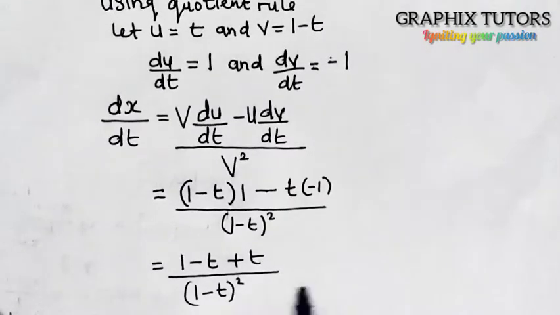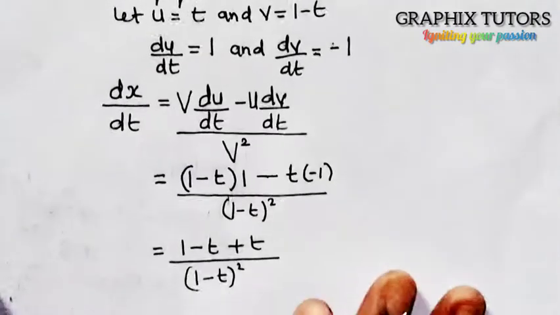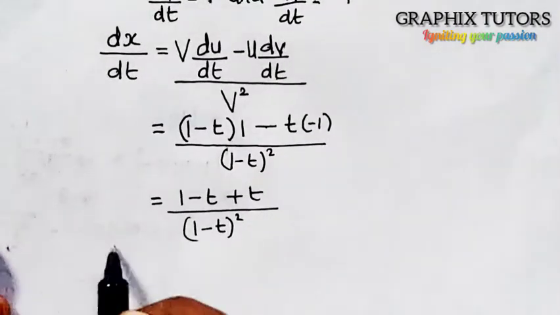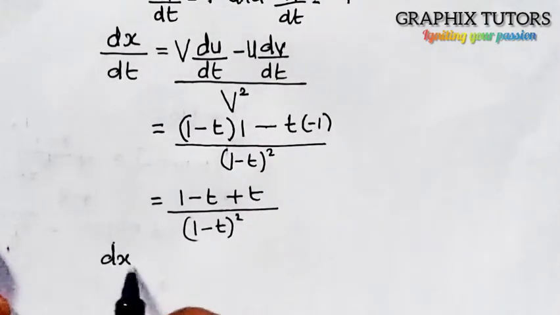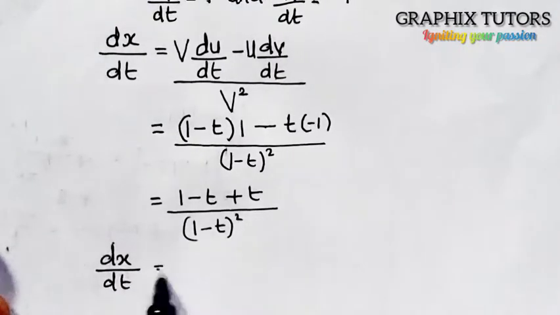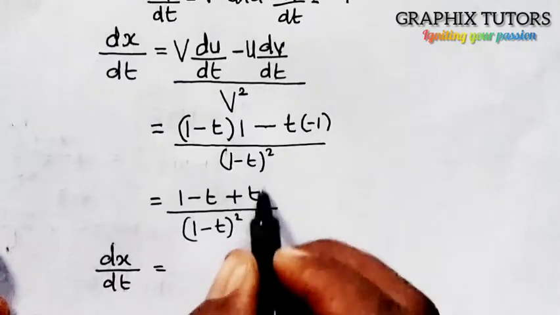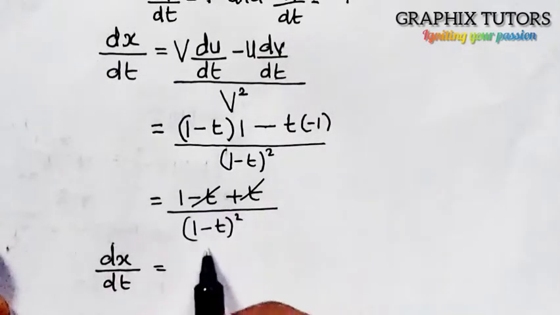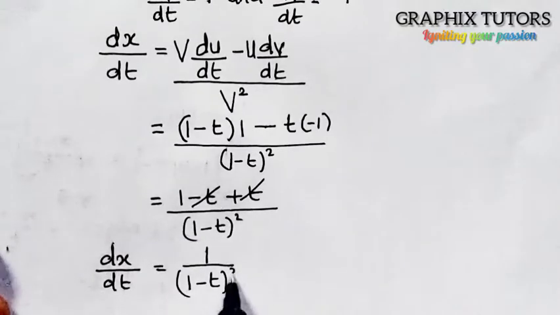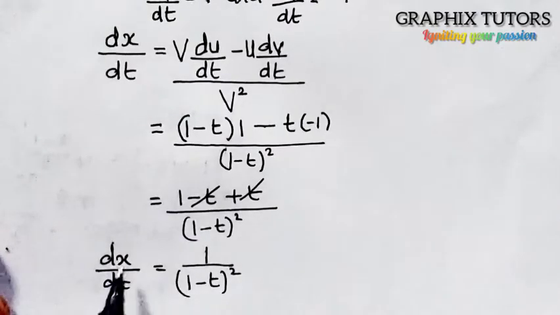So if you look at this, this will now give me dx over dt, this will equate this, so we're left with 1 all over 1 minus t all squared. But we know that the d is not always on top. We only know about dt over dx, dy over dx, and so on and so forth.